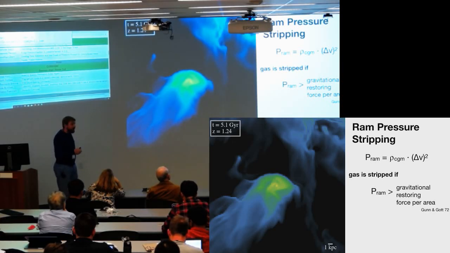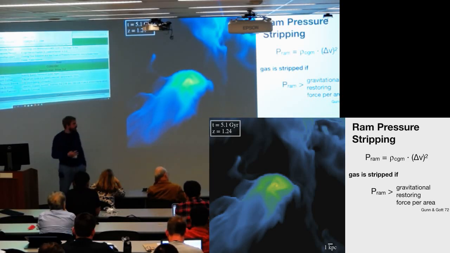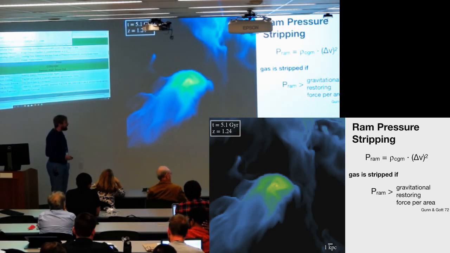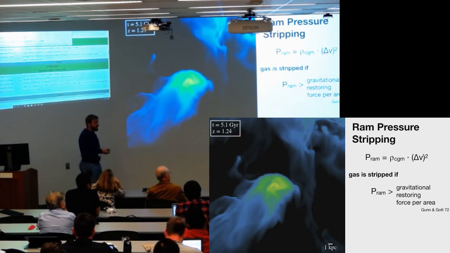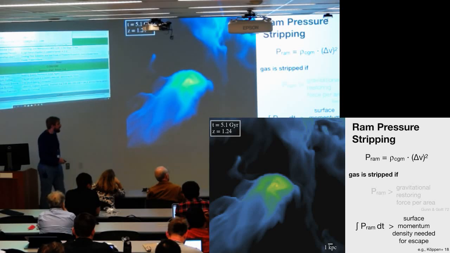So if the ram pressure is applied for a long enough time, you can use this Gunn-and-Gott criterion, which is that the ram pressure exceeds the gravitational anchoring force per area in the galaxy. What's more relevant to the ram pressure profiles that I'm about to show you is this criterion, which is more or less a generalization of this criterion.